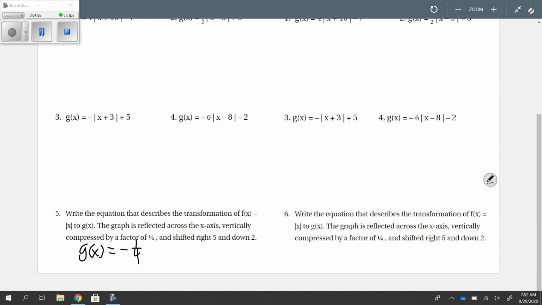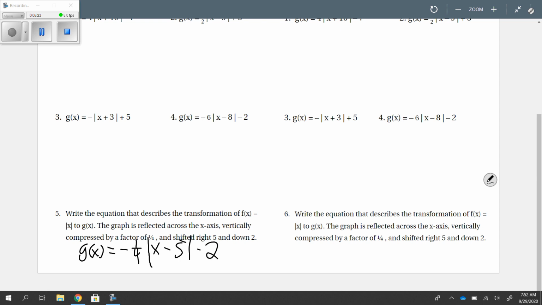So there's a negative on the outside because we know it's going to be reflected across the x. Then it's vertically compressed by a factor of 1/4. Now, inside our absolute value, x, it's going to be shifted right 5, so we need to do the opposite, which is x minus 5. Because remember, it tells a lie, so it'll be shifted to the right. That's our absolute value expression. And then down 2, minus 2.